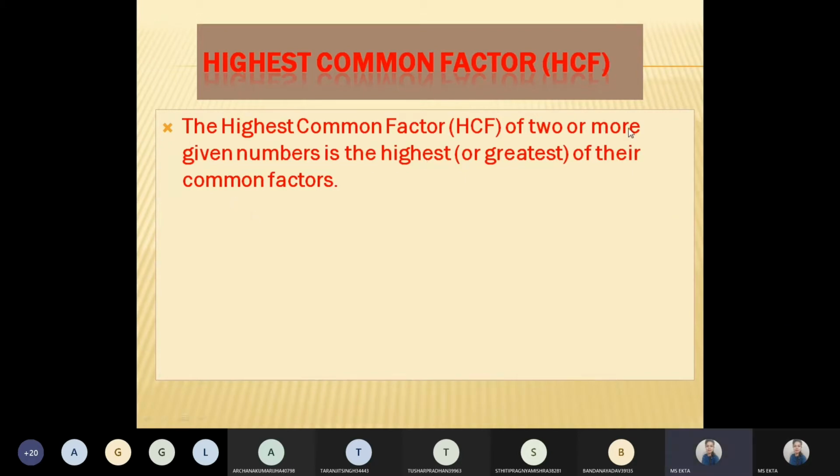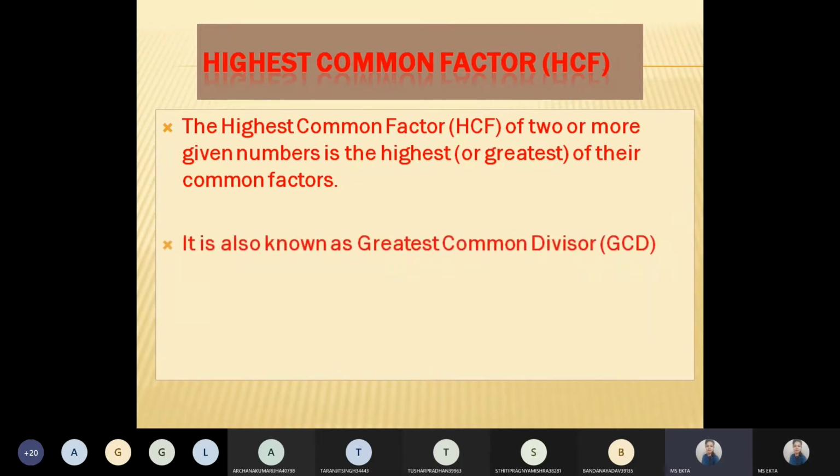We know how to find out the factors. The highest among all the common factors will be our HCF. It is also known as greatest common divisor, that is GCD.